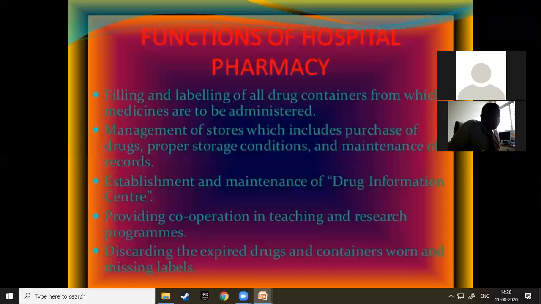When a new drug is introduced in a hospital, in the market or in society, then that information brochure should be present in the hospital pharmacy. Indian Pharmacopoeia, British Pharmacopoeia, National Formulary, SIMS, MIMS, monthly medicine index, and journals like Pharma Pulse and Drug Today are also present in a hospital pharmacy.